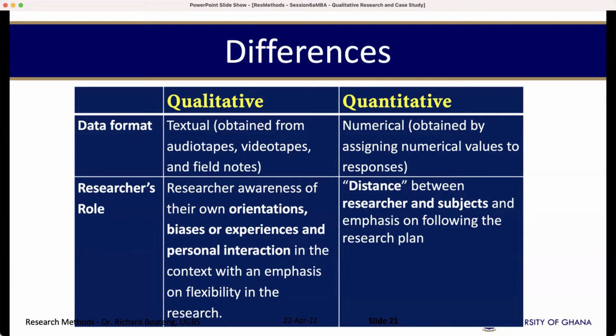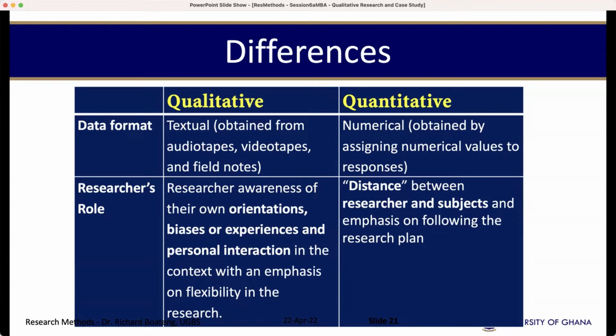When you say distance between the researcher and the subjects, there's less opportunity for influence. The distance helps the research become more focused on whatever it was supposed to find, and that is all. So you, the researcher, believe that you are distant from the subject, and the subject is giving you viewpoints as an honest answer to the questions.